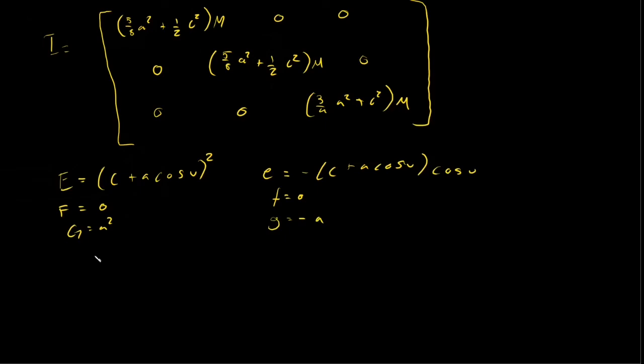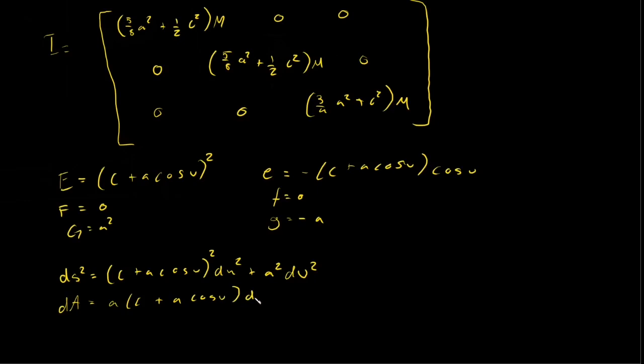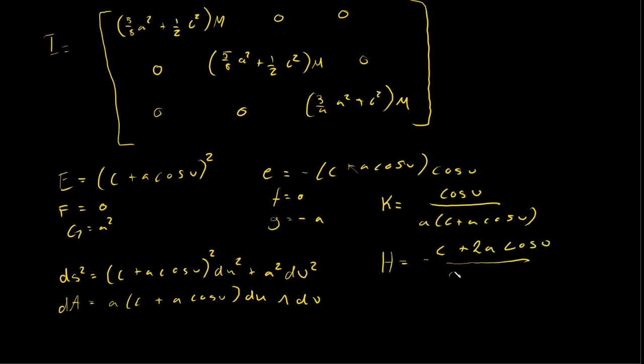Giving the Riemannian metric ds squared equals (c plus a cosine v) squared du squared plus a squared dv squared. And the area element dA equals a (c plus a cosine v) du wedge dv. And the Gaussian and mean curvatures are K equals cosine v over a (c plus a cosine v), and H equals minus (c plus 2a cosine v) over 2a (c plus a cosine v).